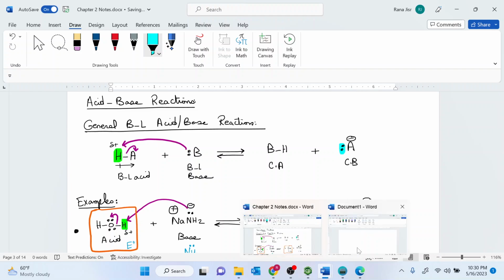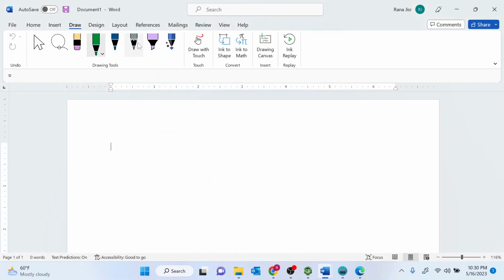Let's go ahead and have some examples. We have HBr, so let's start with HBr. And we are reacting this with sodium methoxide. Now, normally in organic, we drop the positive part, so it's not necessary that I show you the sodium.